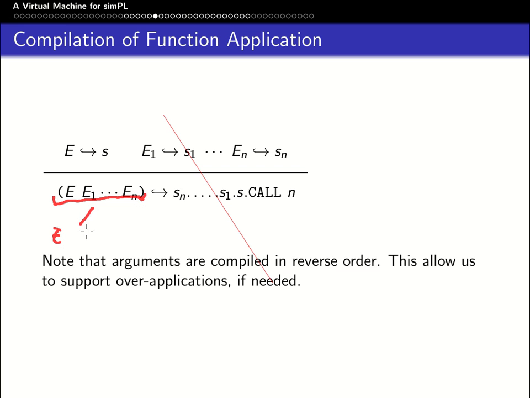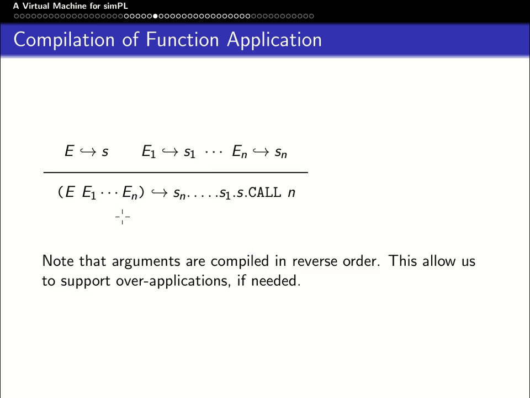One child is going to be E, or the subtree corresponding to E. Another one is E1 up to En. So in thinking of the traversal of the abstract syntax tree, here you're going to have to go through from the right child up and in sequence up to the first child, which is in fact the function.